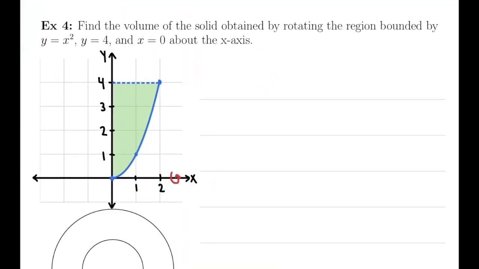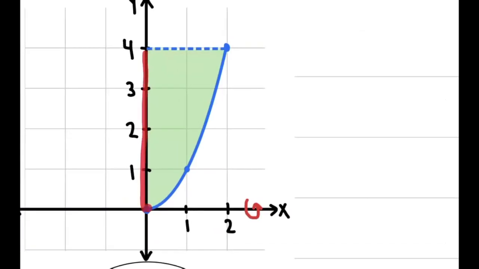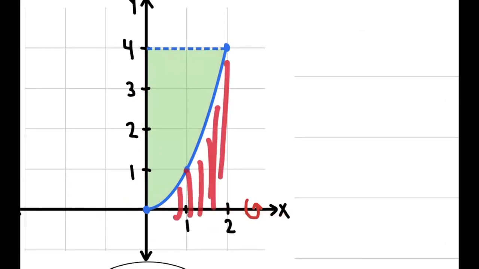So we're rotating this region about the x-axis. Notice how there's a gap between this region right here and the axis of revolution, which is the x-axis. So we cannot use the disk method anymore because the slices of this solid are no longer simple disks.